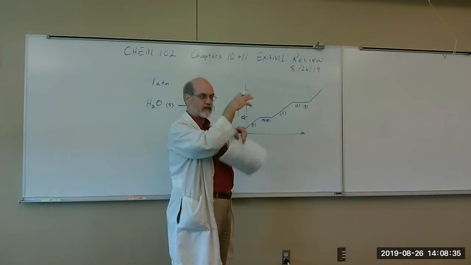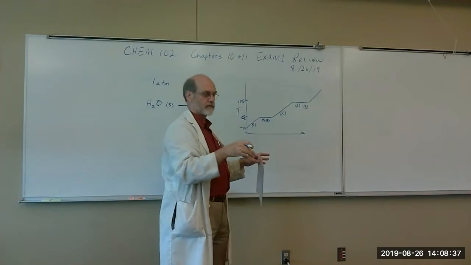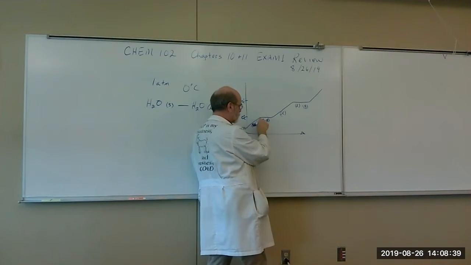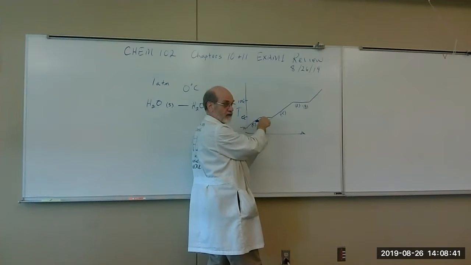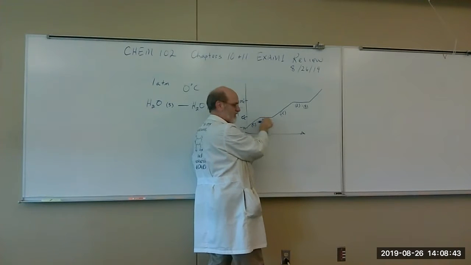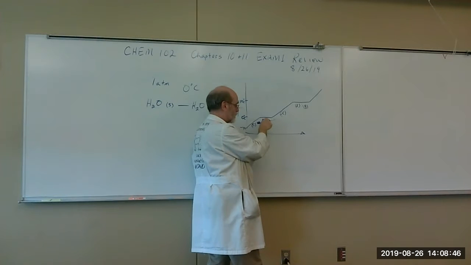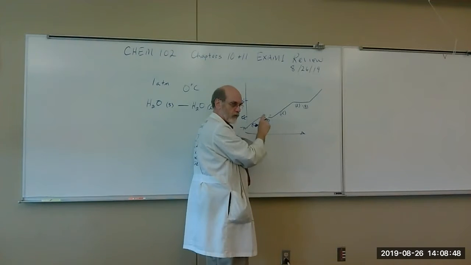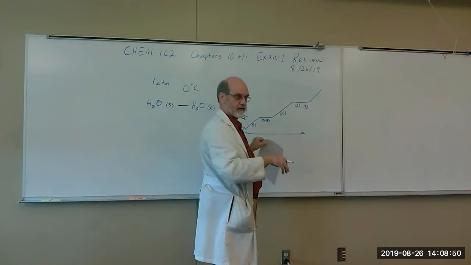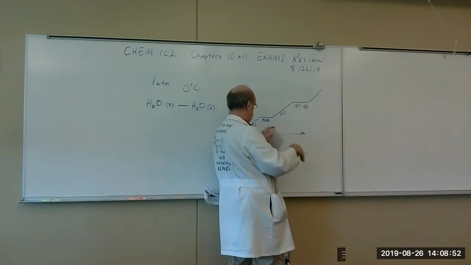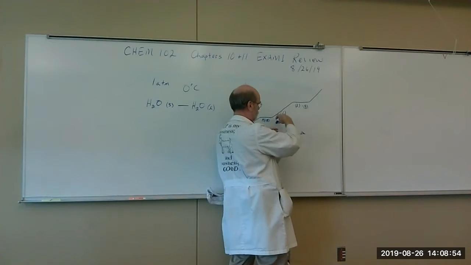You're breaking the bonds so they can move past one another. Right? So until you finish breaking all those bonds in the solid, it stays there. And then once all those bonds are broken, you've got a liquid.